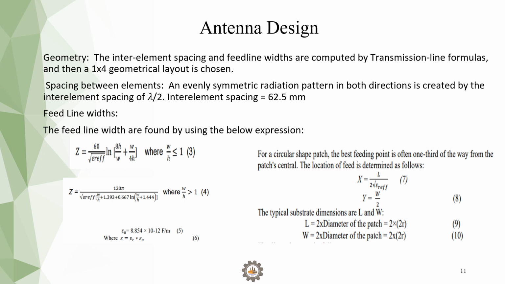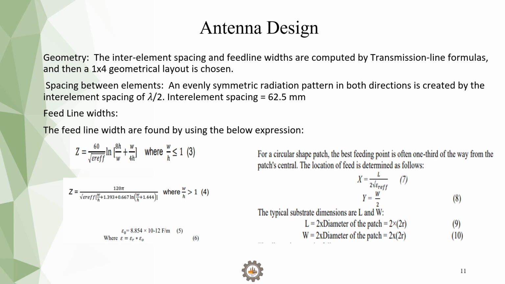In patch array antennas, we observe both broadside array antenna and end-fire array antenna. Here, the spacing between the two circular patches is computed using the formula lambda by 2, where lambda is the wavelength, which can be computed using c equal to f lambda, where c is the speed of light and f is the frequency.